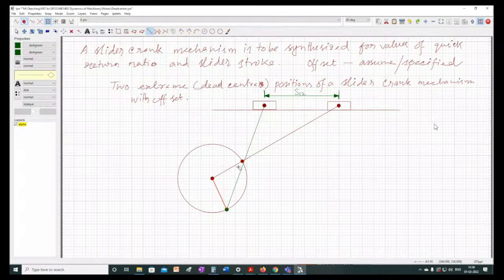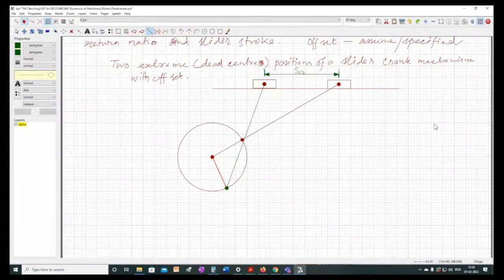If you know this angle, okay, that also I can do.